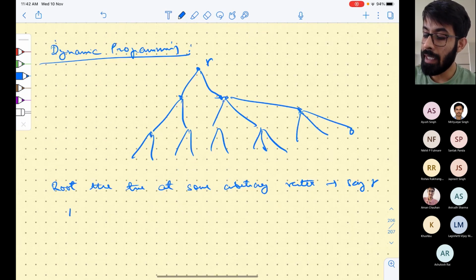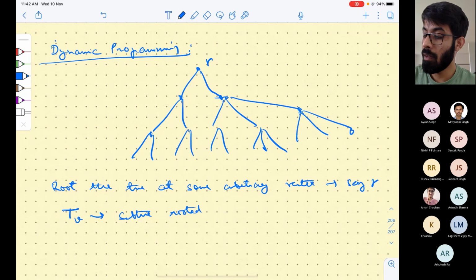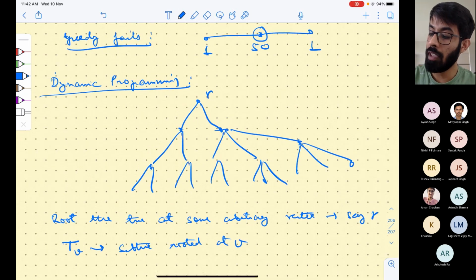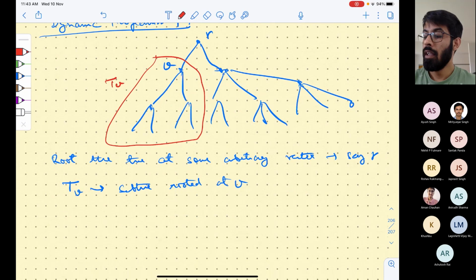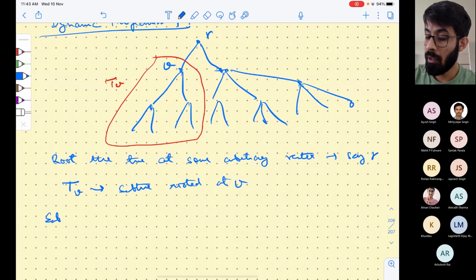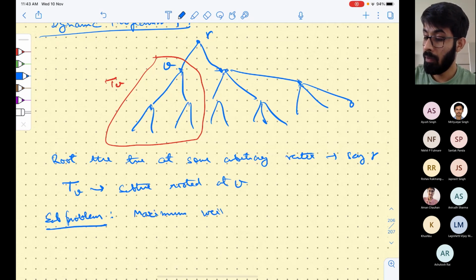And let's say T subscript V is the subtree rooted at V. So for example, if this is our V, then this is T_V. So what are going to be the subproblems? The maximum weight independent set of T_V for every V.